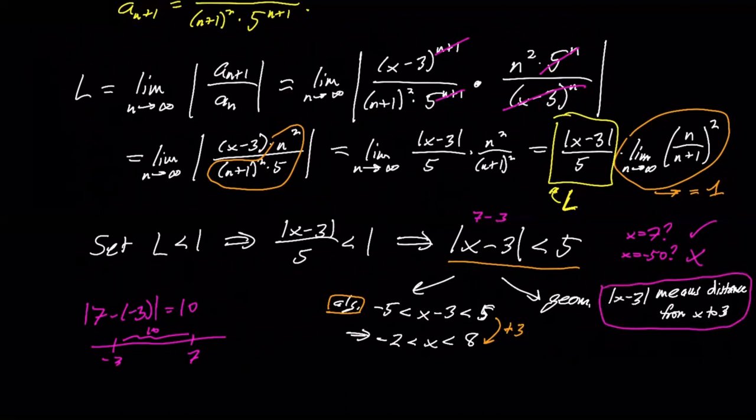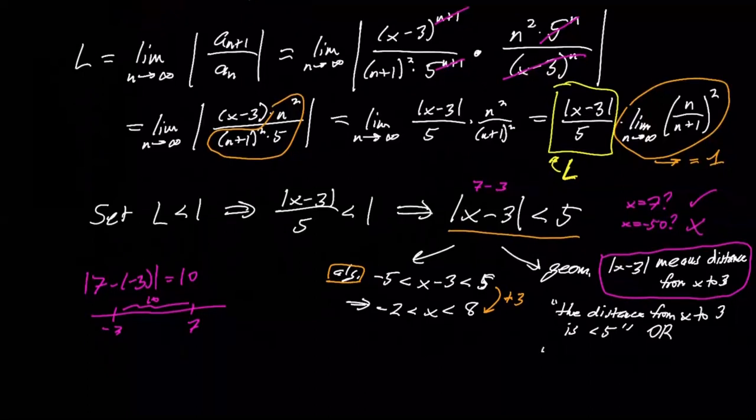So we could translate this into a sentence. The distance from x to 3 is less than 5. Or you could say x is within 5 units of 3.